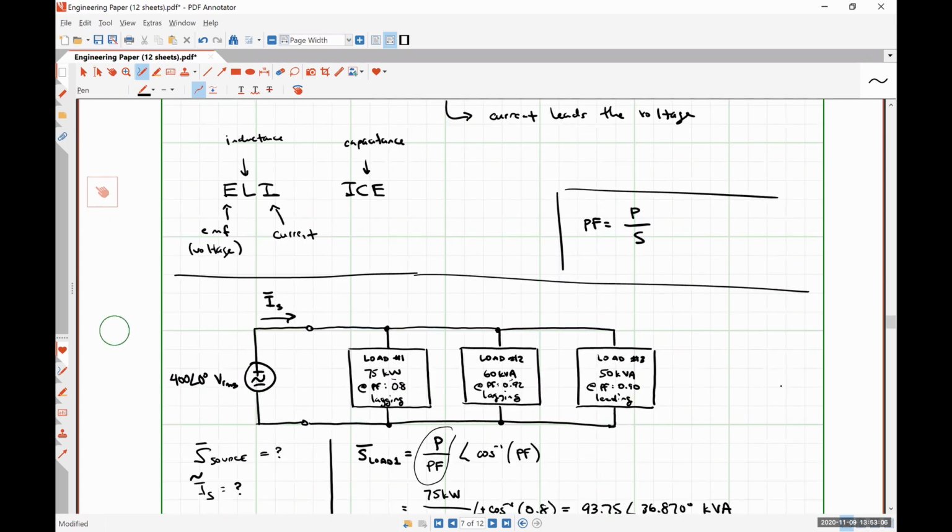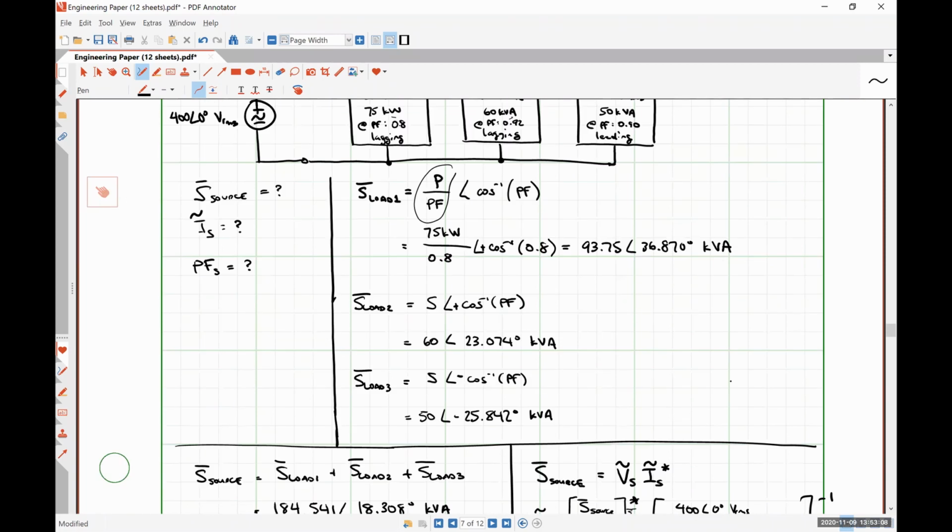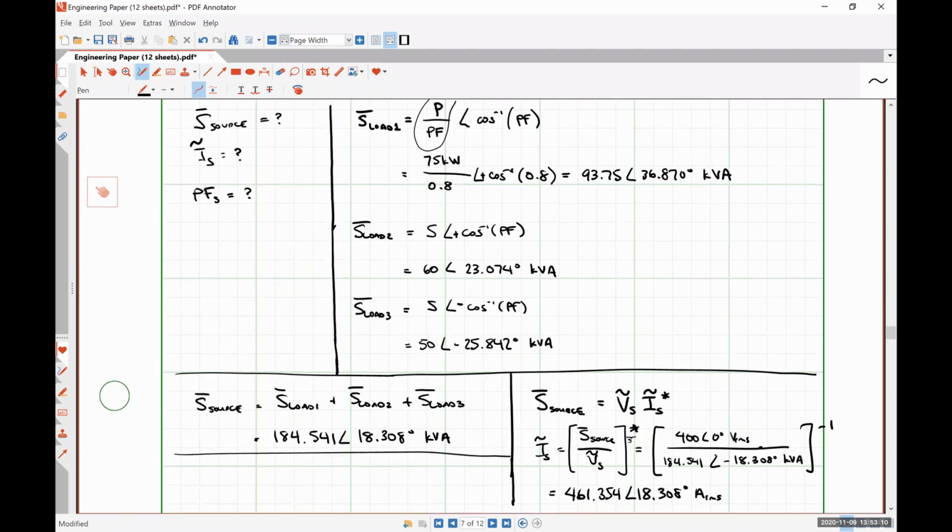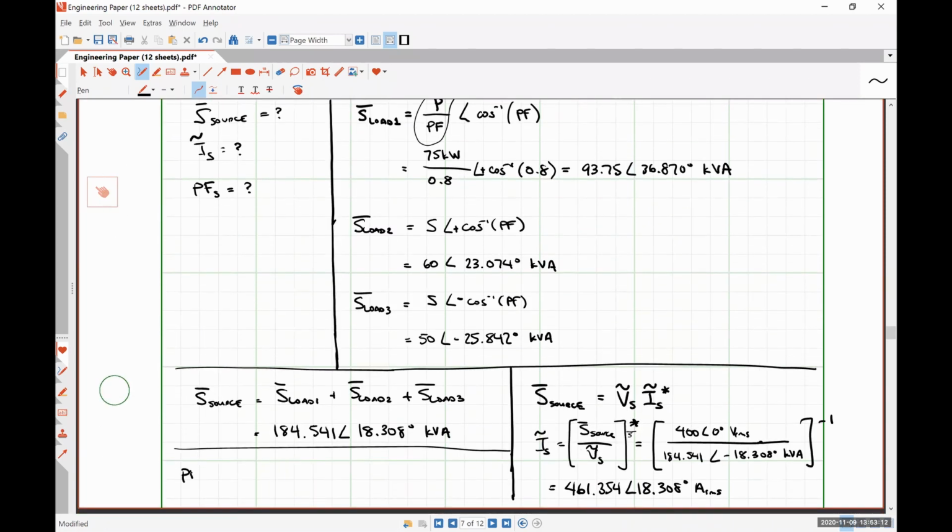I'm going to do the lazy route. So our power factor is simply going to be the cosine of 18.308, which is 0.94938. We don't need that many figures, but whatever.